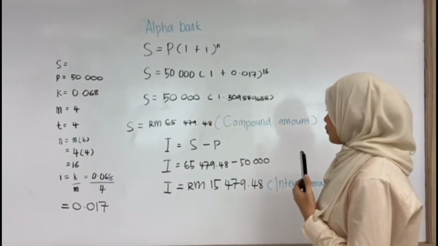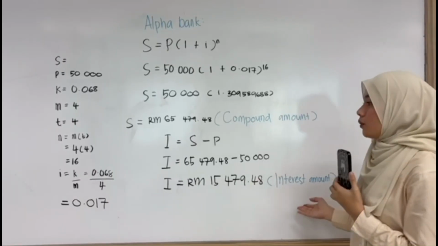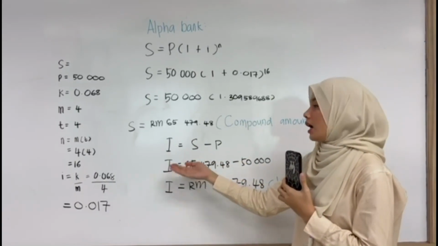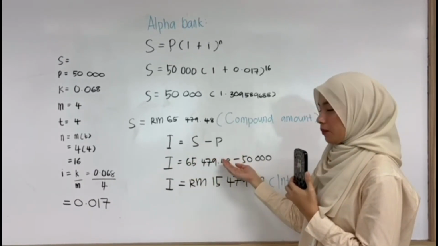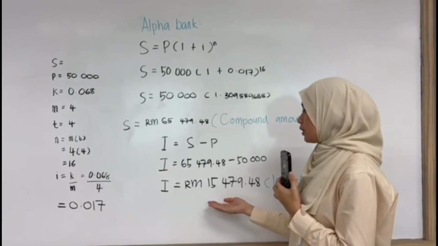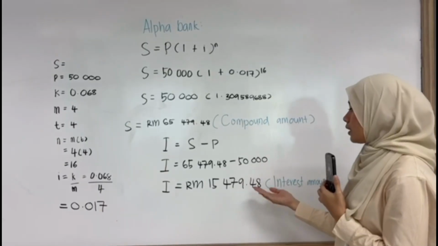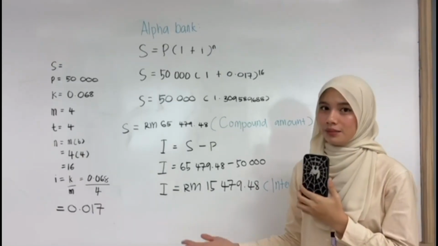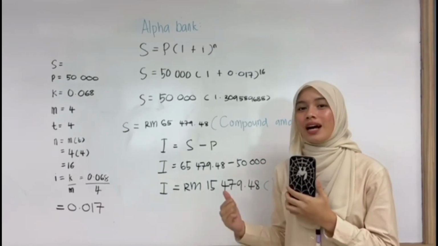So next, to find the interest amount, we will use this formula, which is I equals S minus P. And after we do all the calculation, we will get 15,479.48 ringgit. So this is for Alpha Bank.